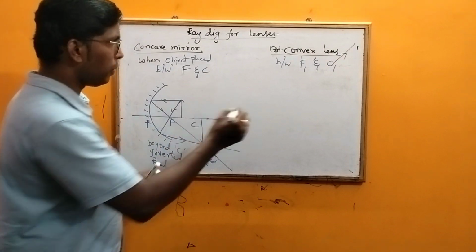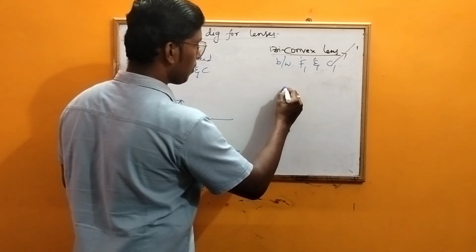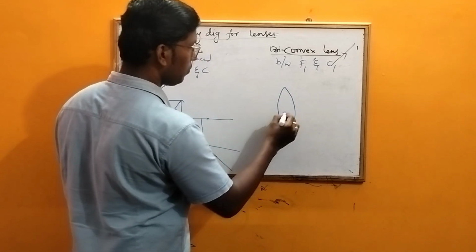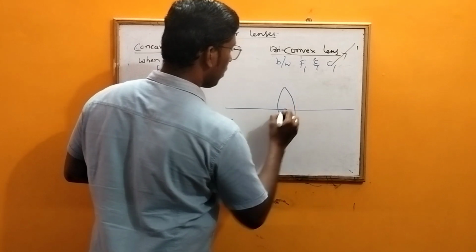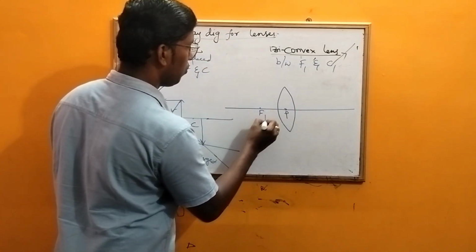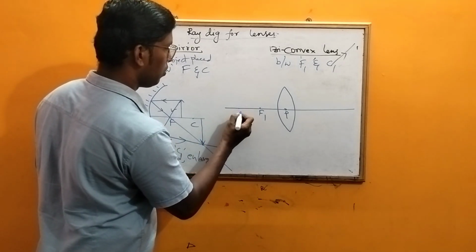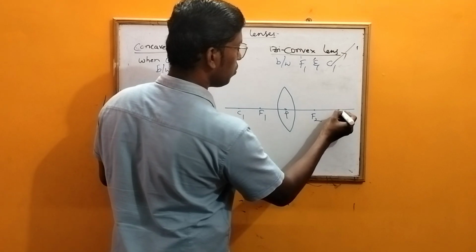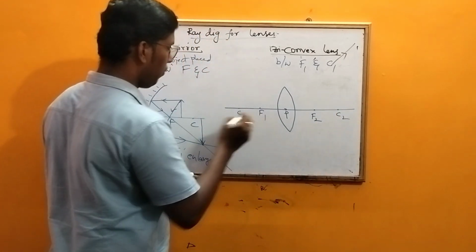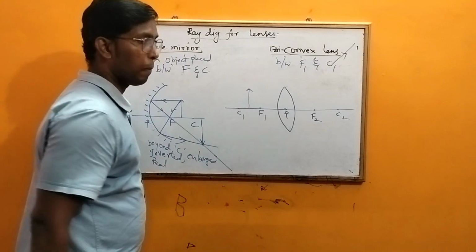Understood? Similarly for the convex lens, optic center, F1, C1, F2 and C2. Where is the object placed? Between F1 and C1.